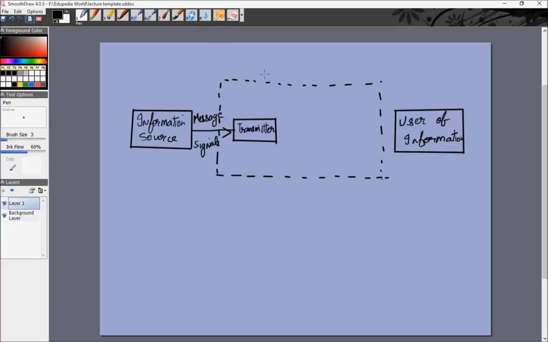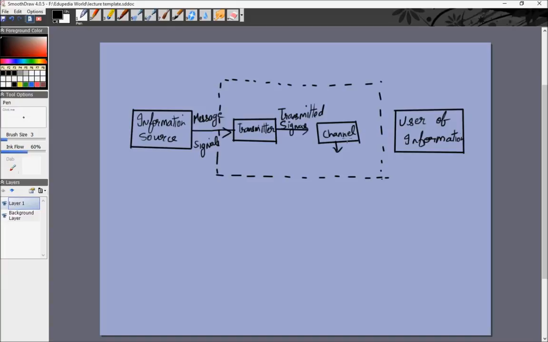It converts one type of message signal into another type of message signal which would be easy to transmit over long distances. Then you have the transmitted signal which goes to the channel. So the channel will be whatever transmits it.